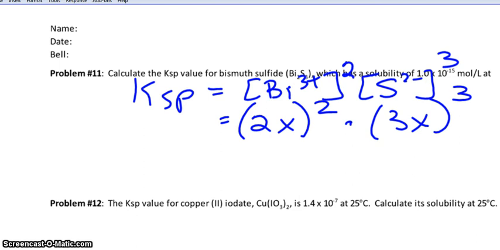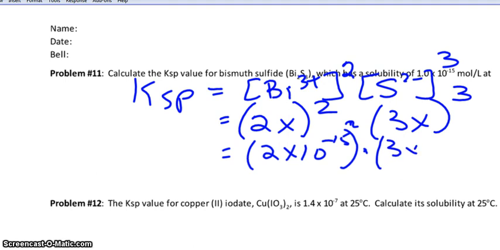It's your solubility. That's your 1.0 times 10 to the negative 15th. Let me do that. Okay, keep working on your math.